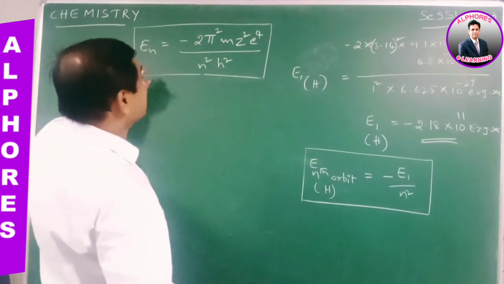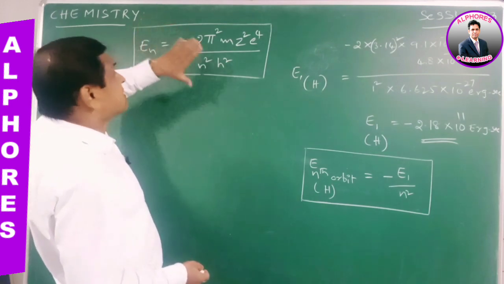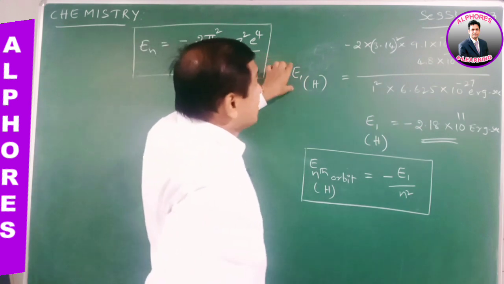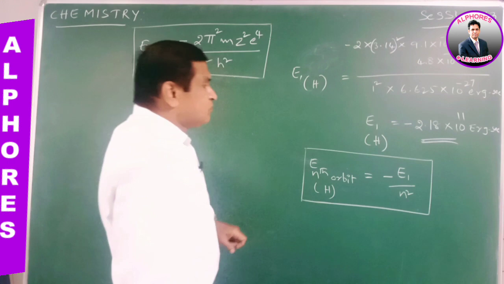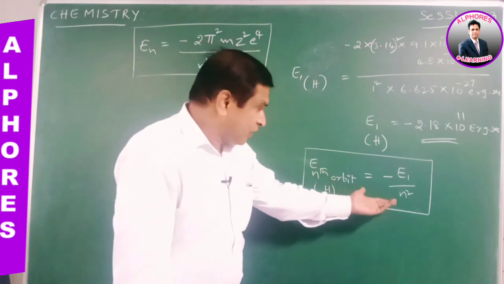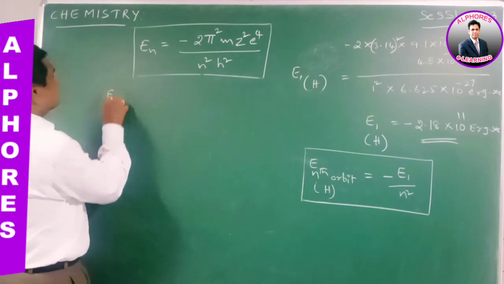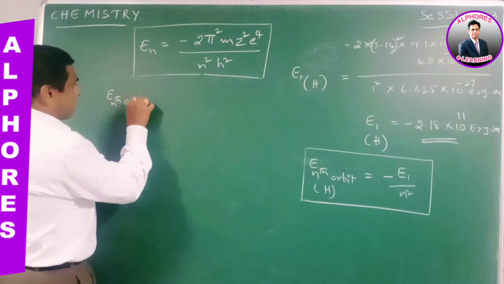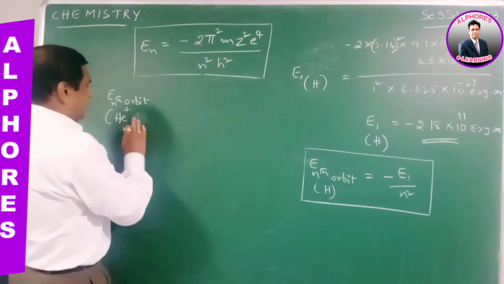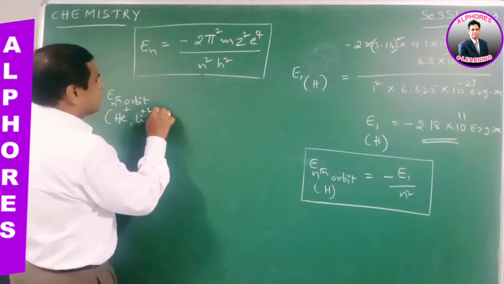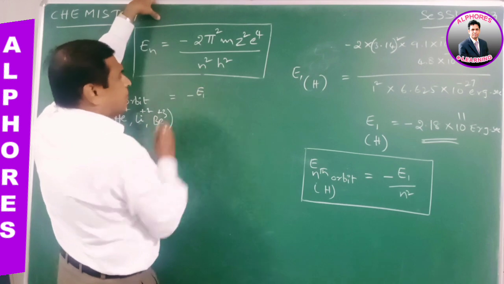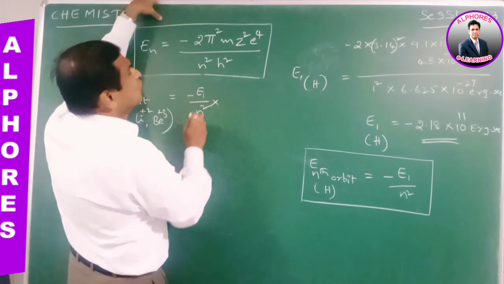Once again, this is the energy of the electron in the nth orbit of species containing one electron. That is the basic equation. Now, using the constants, we determined the energy of the electron in hydrogen atom. Then applying the same equation for the nth orbit of species like hydrogen, that means He plus, Li 2 plus, Be 3 plus, species containing one electron, the energy equals the energy of the electron in the first orbit by n square, into z square.